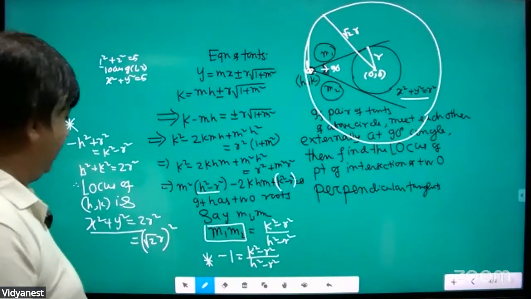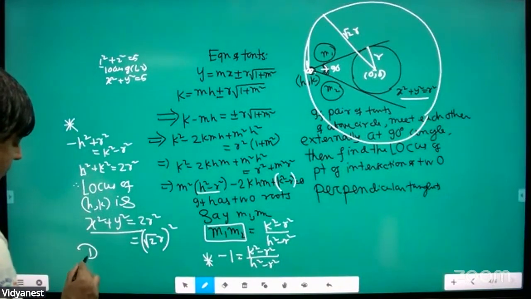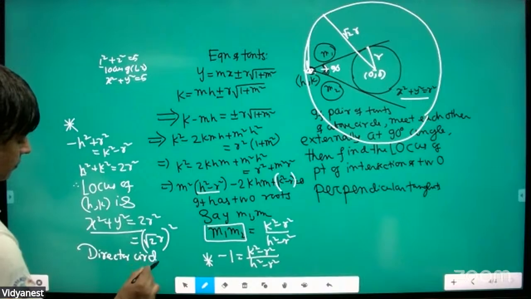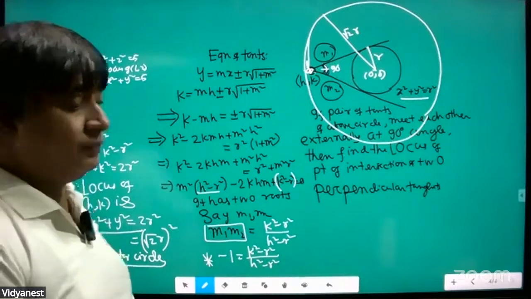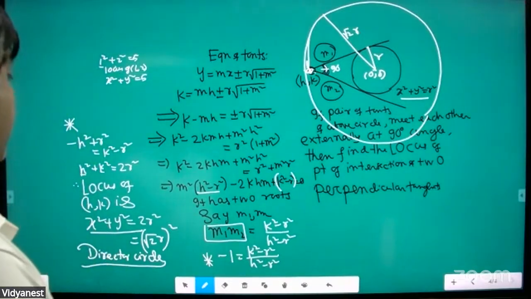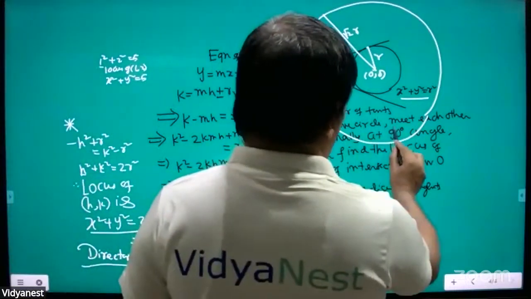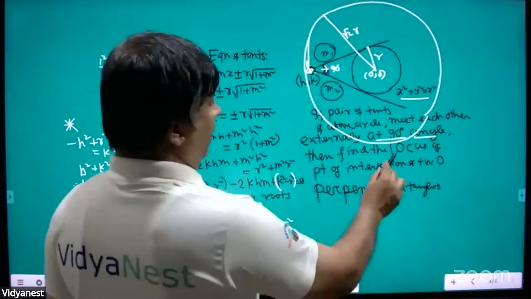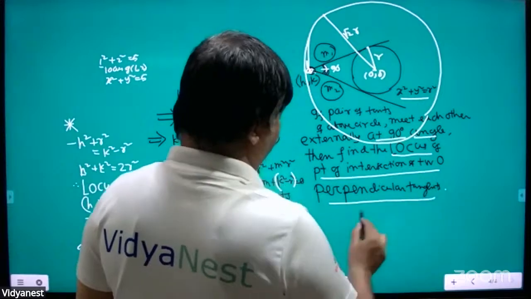Okay sir. So this circle is called the director circle. Understand? Yes sir, got it. So if a pair of tangents to the above circle meet each other externally at 90 degrees, then find the locus of the intersection of two perpendicular tangents.